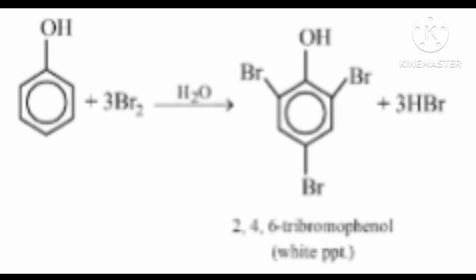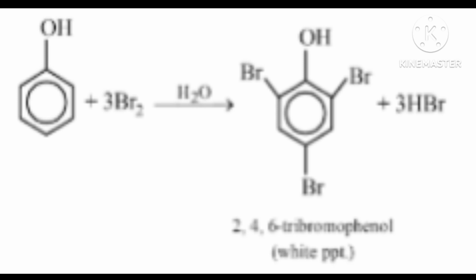Then phenol plus bromine gives a mixture of products. These are mono-bromophenols. Means only one bromine will be attached, but two positions are possible, that is ortho position and para position.